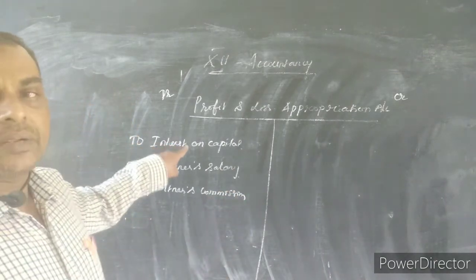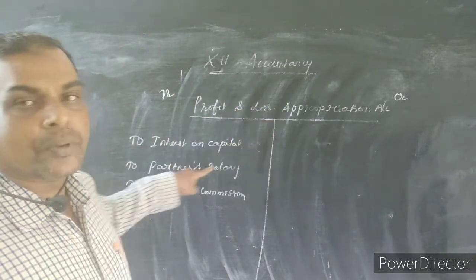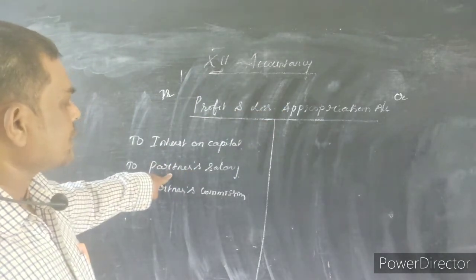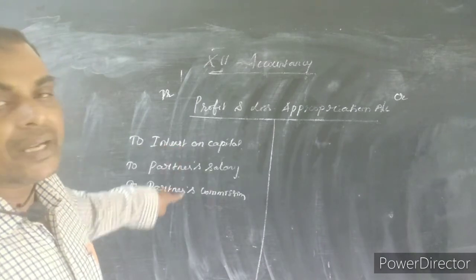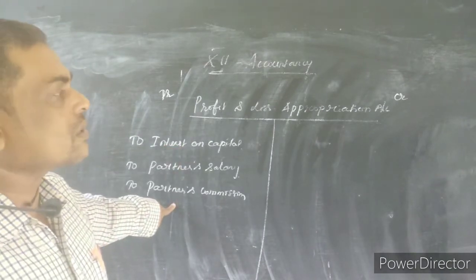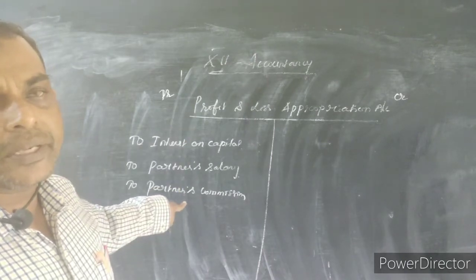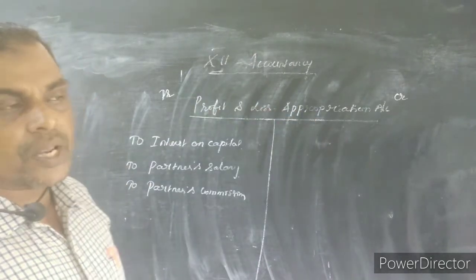So the three items will come on the debit side of the profit and loss appropriation account: interest on capital, partner's salary, partner's commission. These three items are the expenses of the partnership firm. That is why these three items are debited in the profit and loss appropriation account.